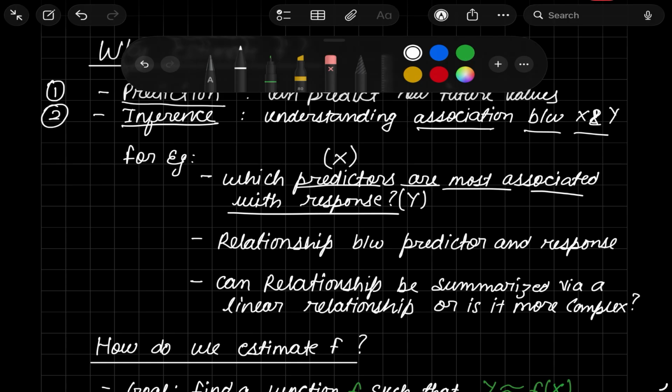What is the relationship between predictor and response variable? Is it positive, is it negative, is it nothing, or is it highly correlated or highly negative?